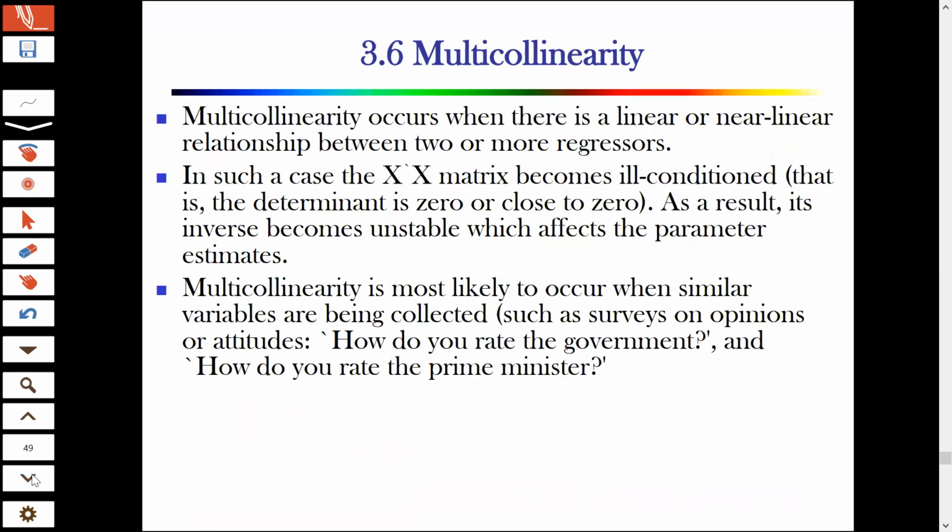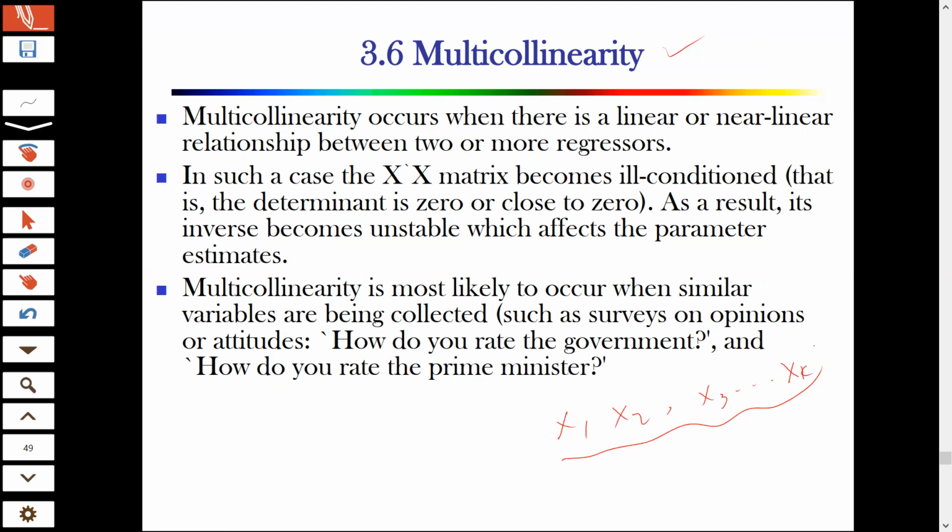And another important term is called multicollinearity. Multicollinearity occurs when there is a linear or near linear relationship between two or more regressors, that means x1, x2, x3 up to xk. If they are highly correlated, we call it multicollinearity. In such a case, the X transpose X matrix becomes ill conditioned, that is, the determinant is 0 or close to 0.